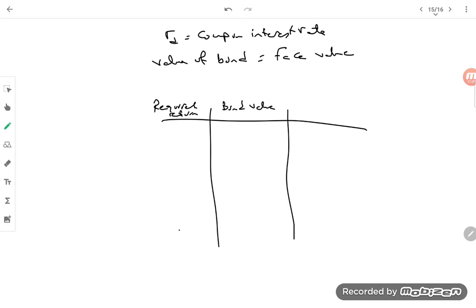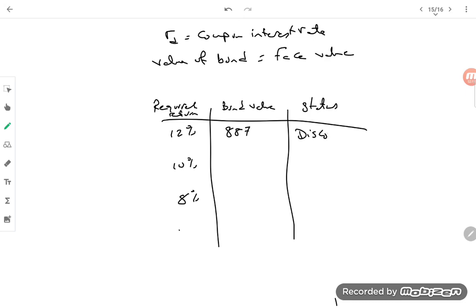So if you calculate the bond value, let's assume that we have the general situation, a bond with $1,000 face value and 10 years, 10% coupon interest rate, and the required rate of return is 12% in one case, 10% in one case, and 8% in one case. As a result, if you calculate the bond value in the first case, it will be $887.